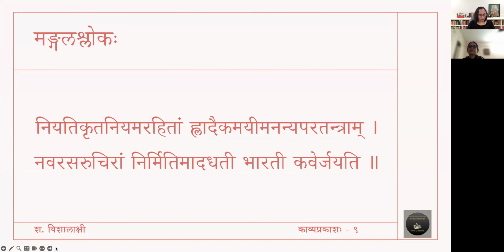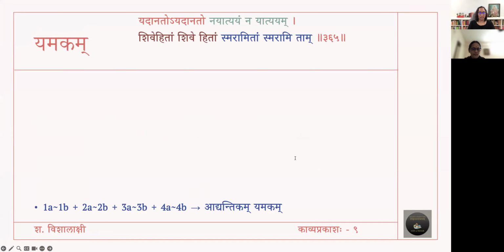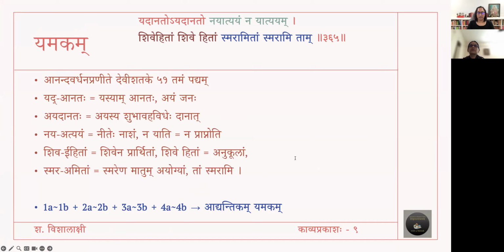So we were looking at yamakam here, tadvritti and tadbhagavritti. We finished with tadvritti, where we looked at examples from Devi Shatakam. This one is Tadbhaga Vritti.